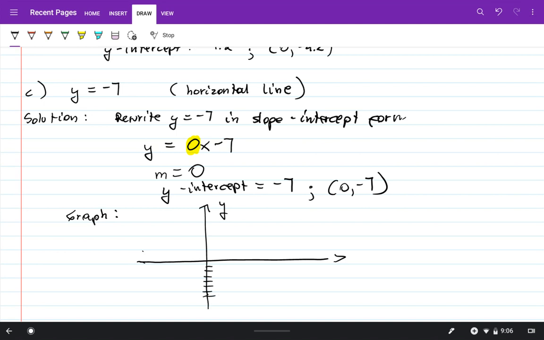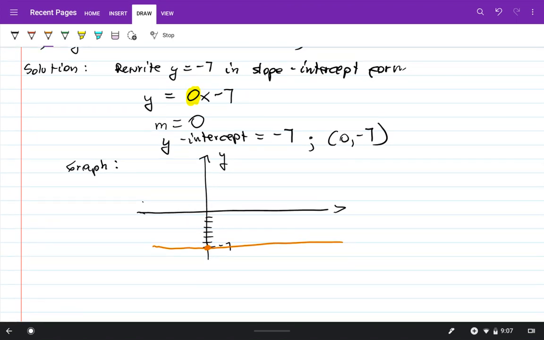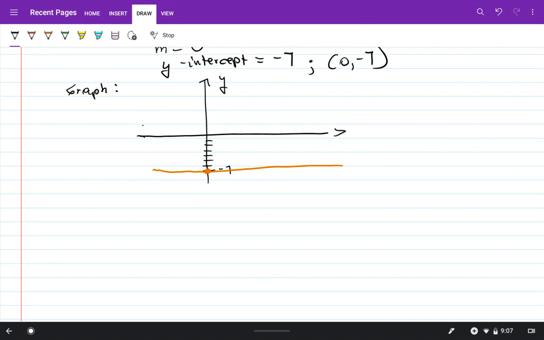So this is negative 7. So horizontal line, you graph right here. So this is the y-intercept, 0, comma negative 7, and for a horizontal line the slope is always equal 0, because there is no steepness.